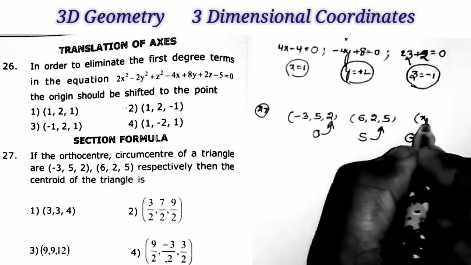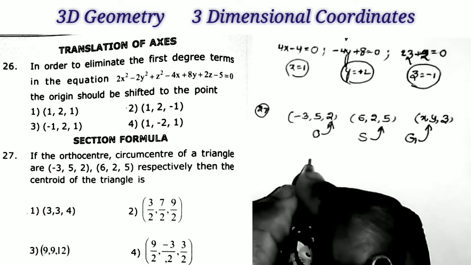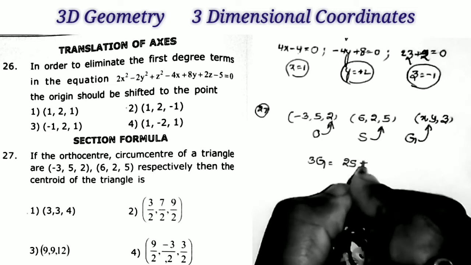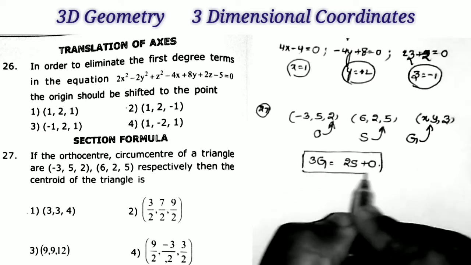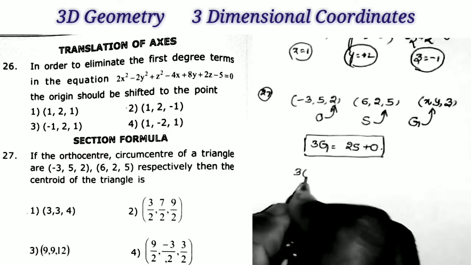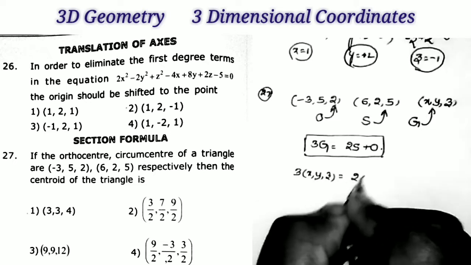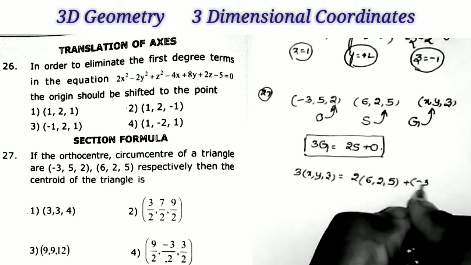So first I take that the centroid is (x, y, z). Now what is the relation between these 2 points? We have one very important formula: 3G is equal to 2S plus O. This is the relation between the centroid, orthocenter and circumcenter. Now replacing the values here, 3(x, y, z) is equal to 2 of (6, 2, 5) plus the orthocenter (minus 3, 5, 2).